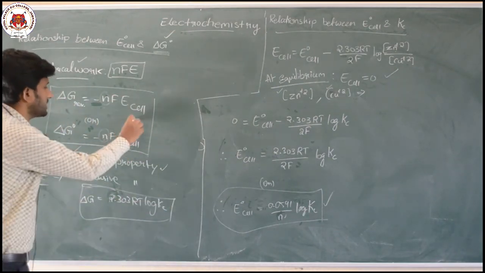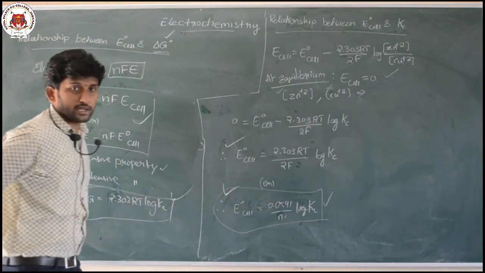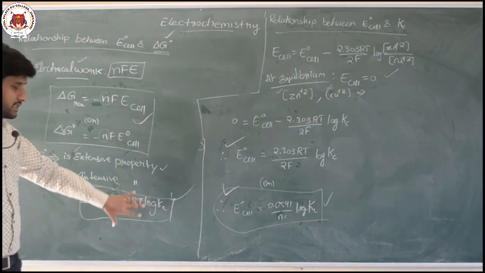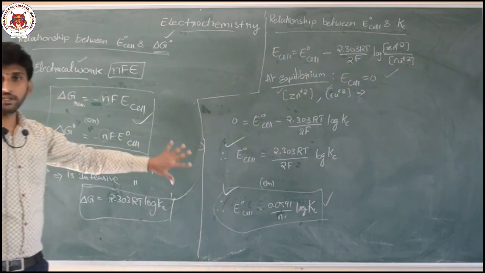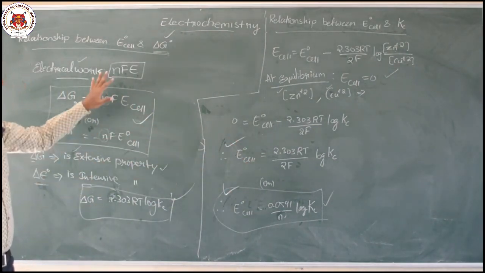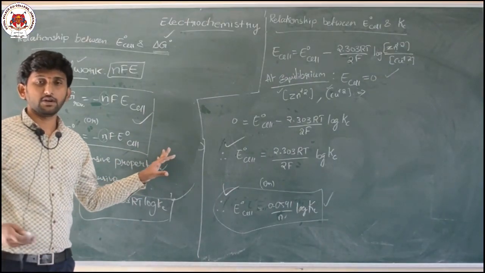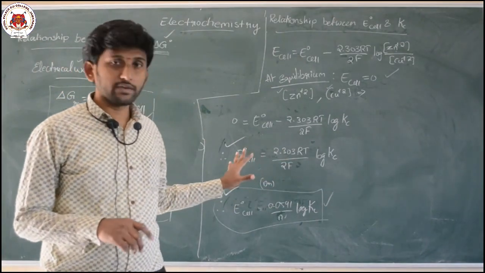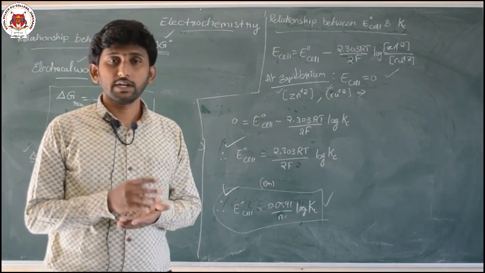So, these relations we can use in numerical problems, to calculate either Kc, delta G or E naught, whatever the question asks. Okay. So, with this we have completed all the relations between E naught cell, delta G and Kc. Now, by using them we can solve different types of problems. So, thank you for now, we will continue in the next topic.